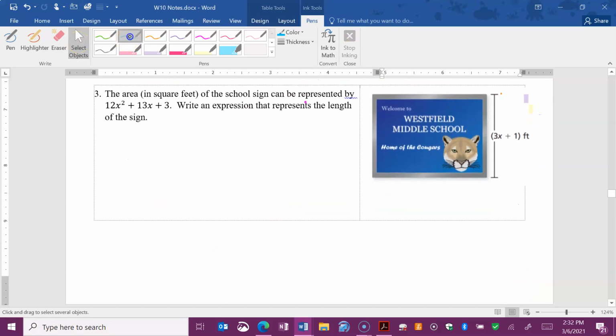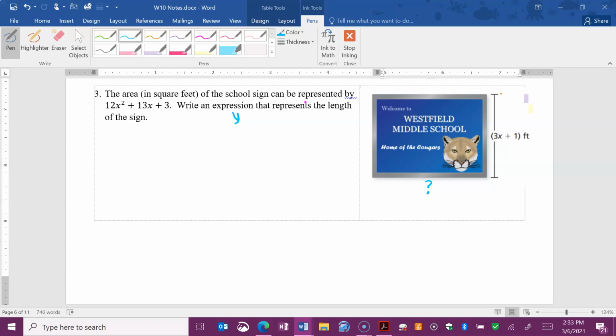The area in square feet of the school sign can be represented by 12x squared plus 13x plus 3. Write an expression that represents the length. So we're looking for an expression. So first of all, an expression is probably going to have a variable in it, and it's probably going to have a plus or minus sign in it.